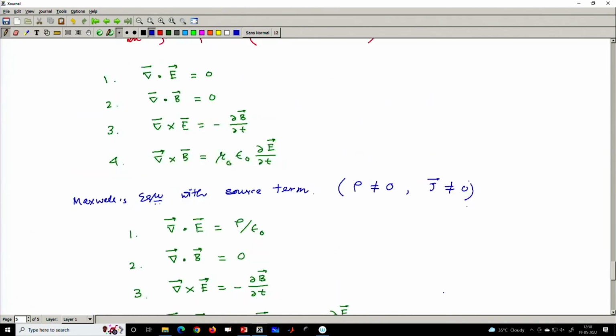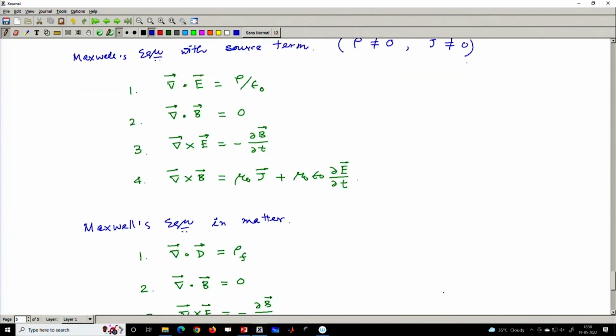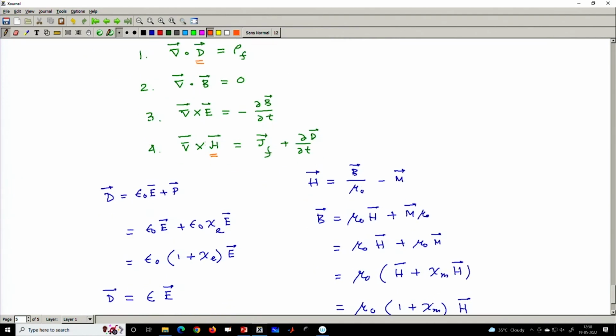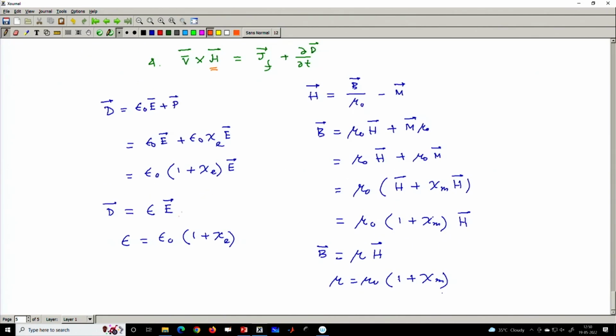In free space, the first one. Second one is when we have a source term, and then when we have Maxwell's equation inside a matter. Inside the matter, the only thing you need to consider is that the first equation and the last equation, the ones having the source term, are modified. They are written in terms of D, the displacement vector, and H, the magnetic field, and the relationship between B and E with D and H is shown here.